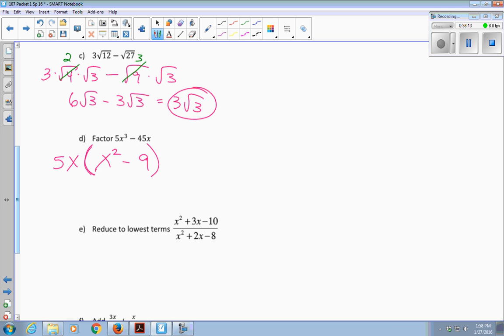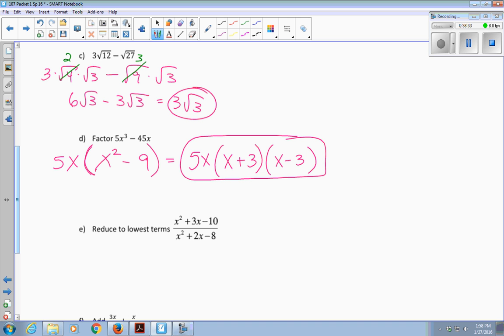There should be some bells flashing about x squared minus 9. They're both perfect squares. It is a difference of perfect squares, right? So this factors to 5x times x plus 3, x minus 3.